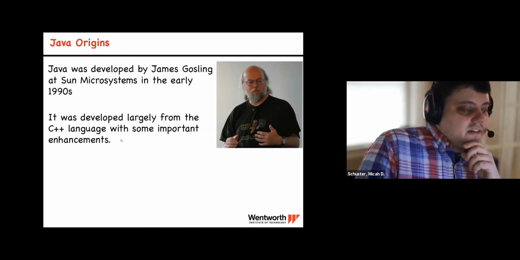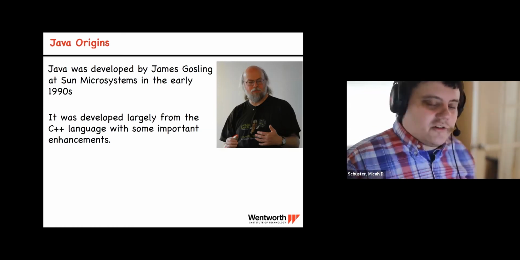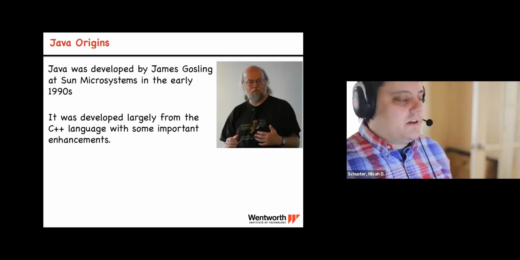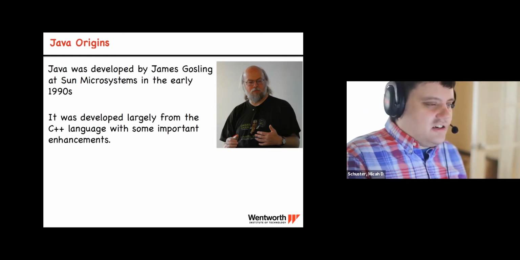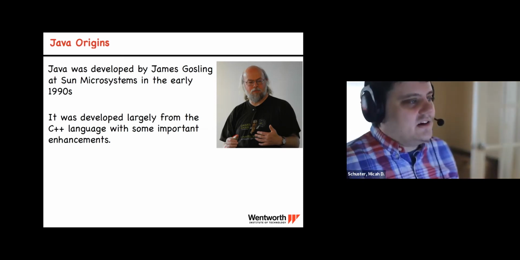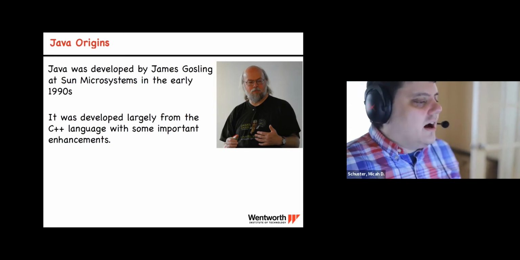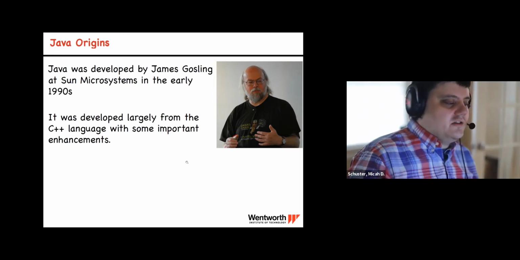It borrowed a lot from C++. So if you ever hear me or someone else say it's a C-like language, you can be pretty sure it's very similar to something like Java. Java is very C-like, just like C# is a very C-like language. There are others as well, things like Rust. It depends on the language how much they take from C or C++.